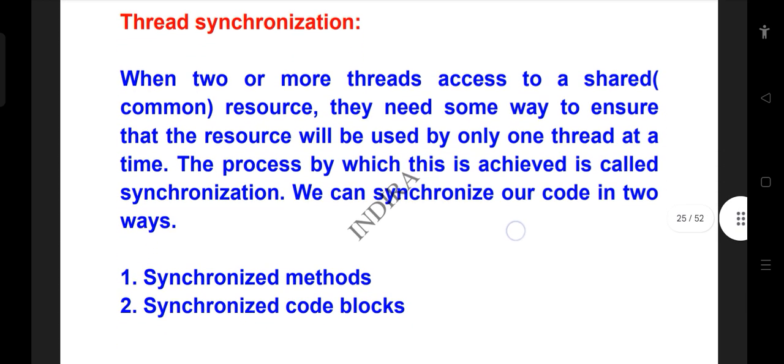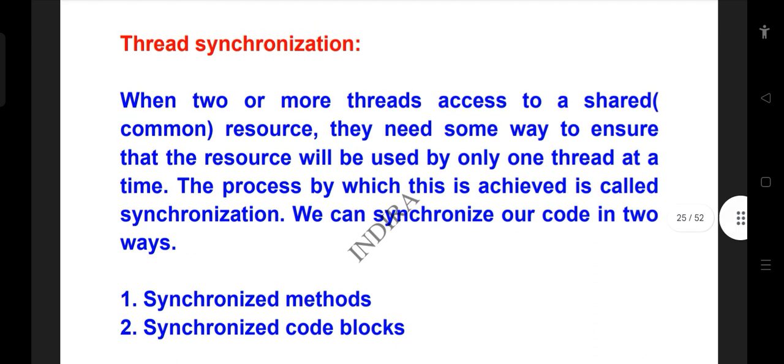Next, thread synchronization. When two or more threads access a shared resource, there needs to be some way to ensure that the resource will be used by only one thread at a time. The process by which this is achieved is called synchronization. We can synchronize our code in two ways. When two or more threads want to access one common piece of data, then thread synchronization is used.